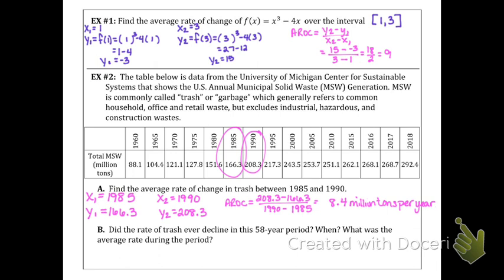All right, B, so did the rate of trash ever decline in this 58-year period? When, and what was the average rate during this period? So just look at the numbers there, and did it ever decline? See it increase, increase, increase, increase. All right, oops, it went down.